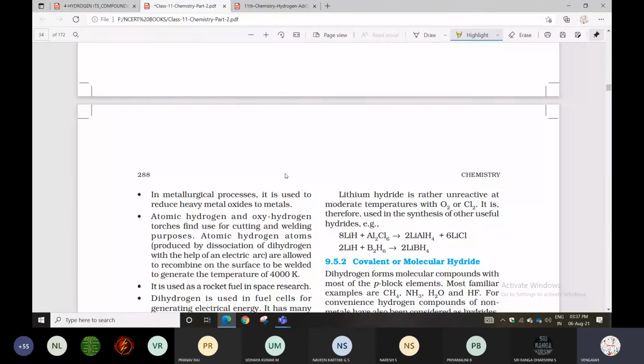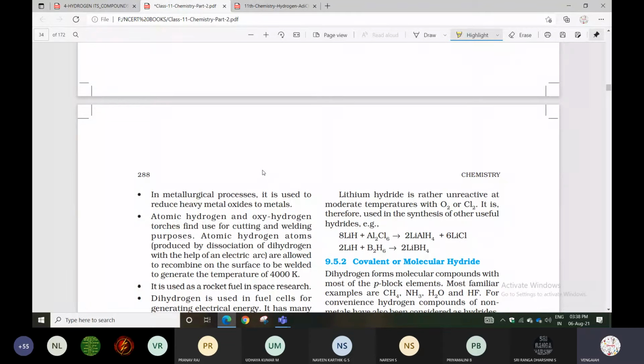How can we prepare dihydrogen? What is the chemical reaction? What happens when dihydrogen reacts with other elements? What are the uses? What are the physical properties? Any doubts about dihydrogen, preparations, properties, uses? Clear, students? Yes, sir.